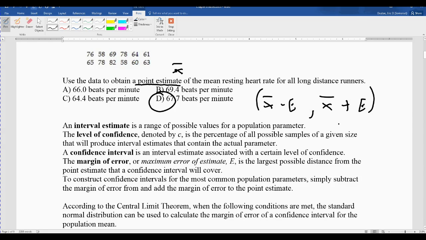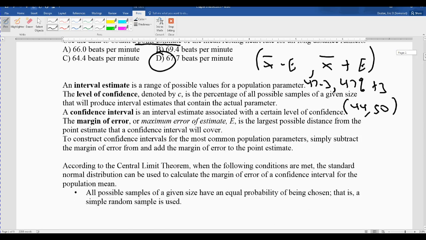So for example, 47% are in favor, plus or minus 3%, you do 47% plus 3 and 47% minus 3, which will give you a confidence interval of 44 to 50%. For example, let's say we're 95% confident that the population mean is between 44 and 50. So it gives us a pretty good range of values to consider.